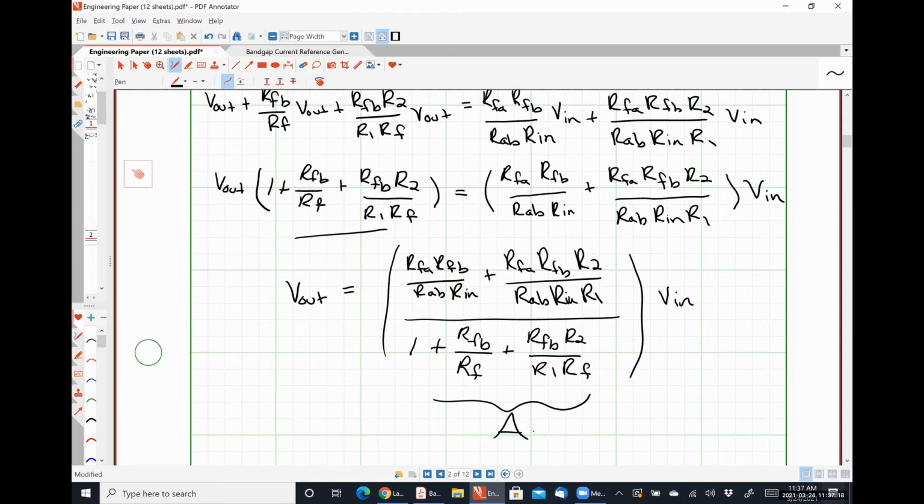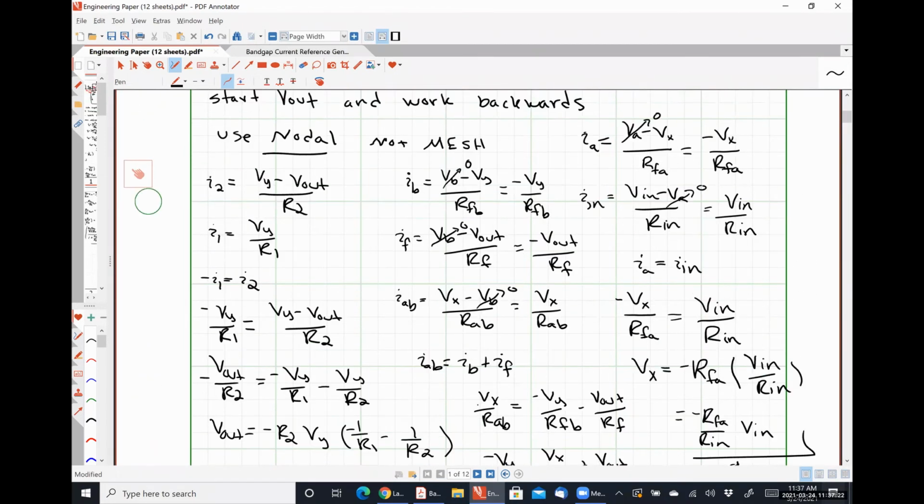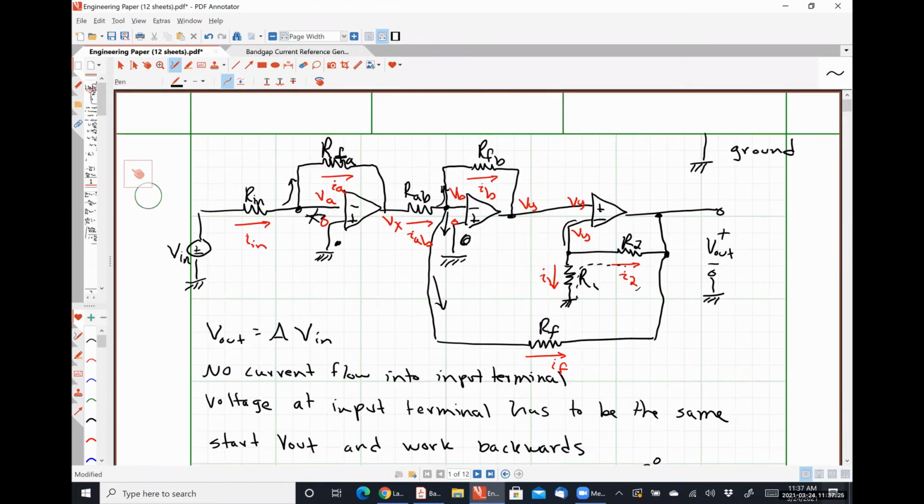And so we don't really have to solve this whole circuit again every time we plug in a different input voltage. If we know our resistor values, we can just plug in V in and all our resistor values and get V out. Yeah, that's cascaded op amps the hard way.